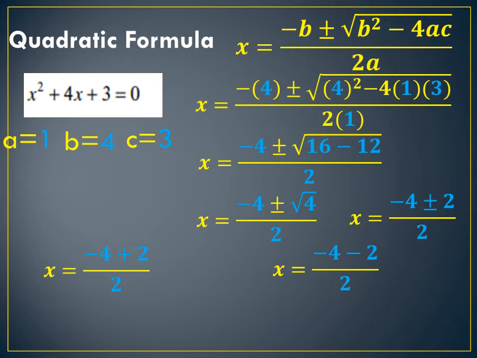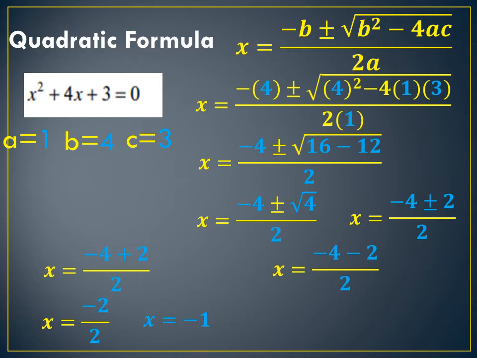You need to subtract, then copy the sign of the higher absolute value. So you have negative 2 all over 2. Then negative 2 divided by 2: 2 divided by 2 is 1, and if you divide different signs, one negative and one positive, the answer is negative. So it becomes negative 1.